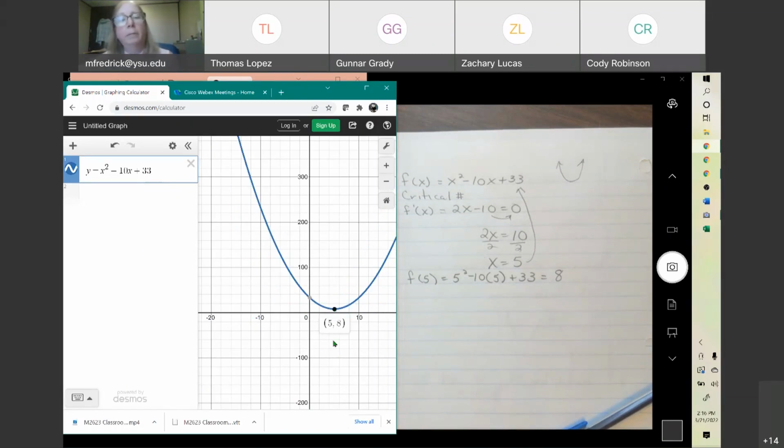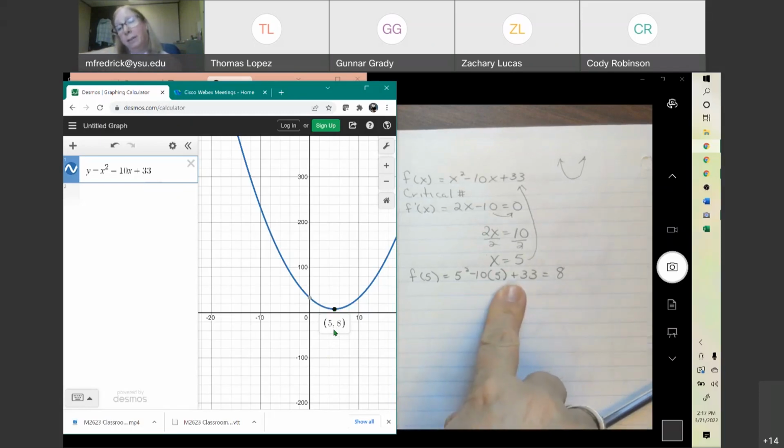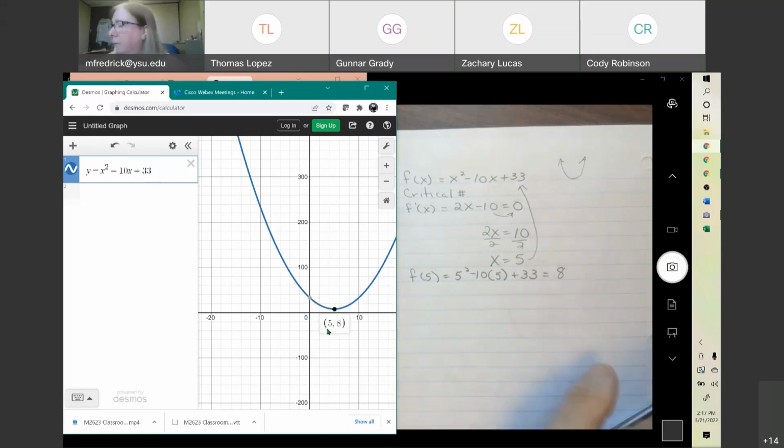Notice the graph. Notice the point. So another way of finding it is using the graph. It's wherever your increasing and decreasing is changing. On the in-class portion, of course, you'll have to be able to do it by hand, because you will not have access to Desmos. But there would be a relative min of 8 at x equals 5.